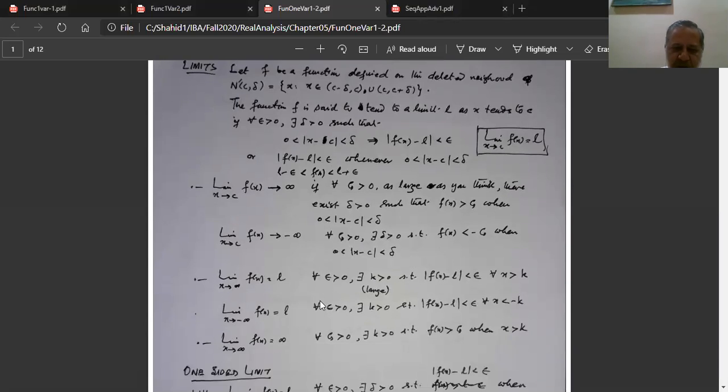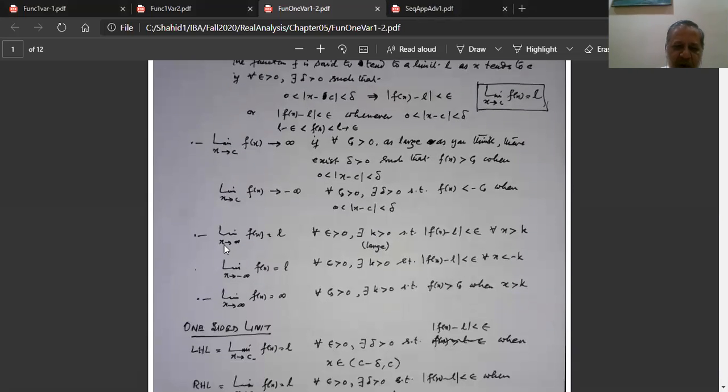Then many a times we talk about limit as x approaches infinity. If the function has a limit when x approaches infinity to be some finite number L, then we say that for every epsilon positive, there exists a large number k such that |f(x) minus L| is less than epsilon.